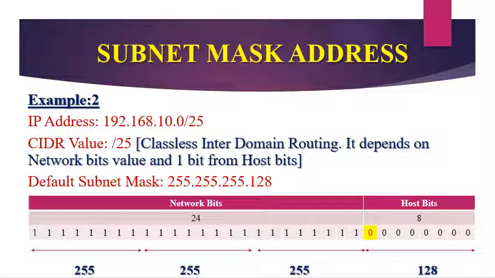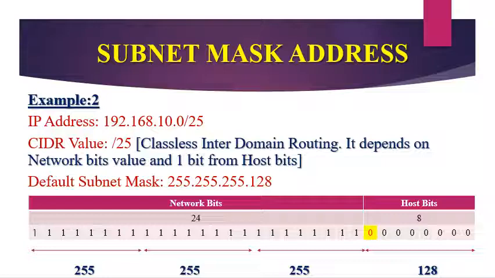This address starts from 192, so obviously this address belongs to class C. The class C format is 24 bits for network and another 8 bits for host. But the CIDR value is 25. So the first 24 bits are allocated for network bits, and again we have to borrow one bit from the host bits. Then only you will get a CIDR value of 25.